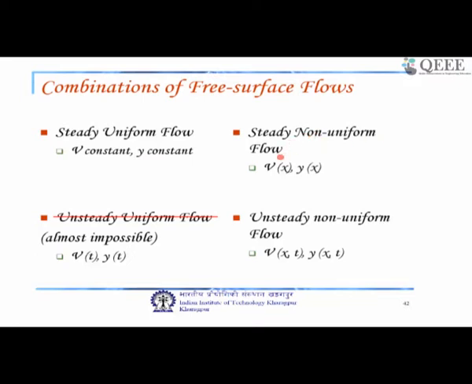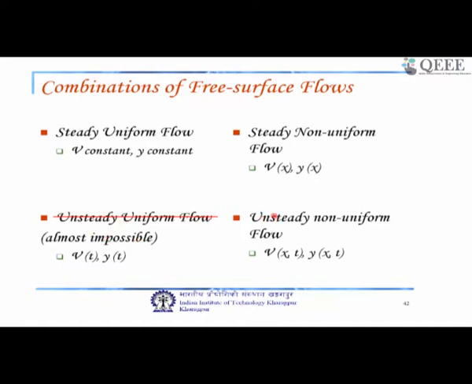Steady non-uniform flow: steady means it is not varying with time, but varying with space. That is why Vx and Vy: velocity is varying with x and depth of flow is varying with x. That is why it is non-uniform flow, steady but non-uniform.